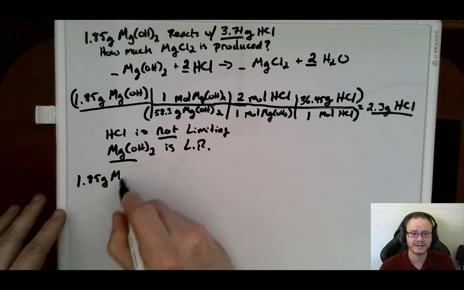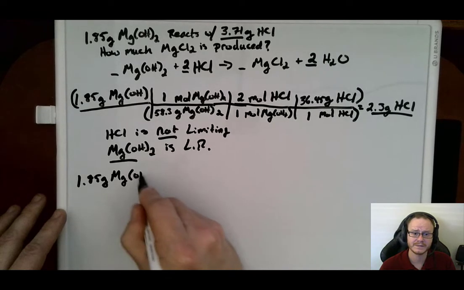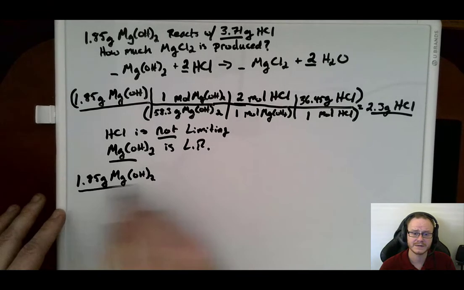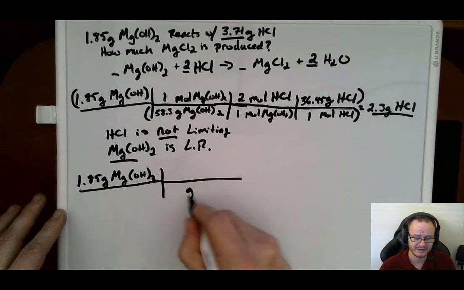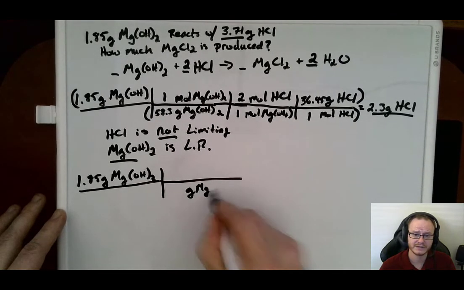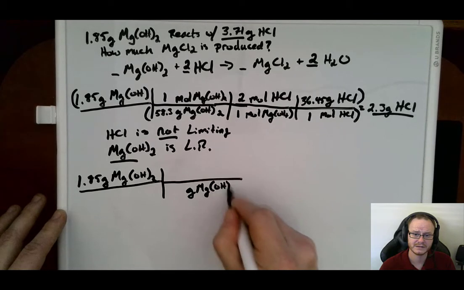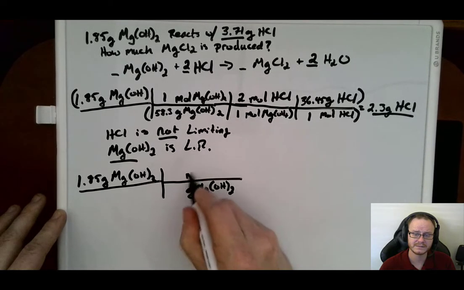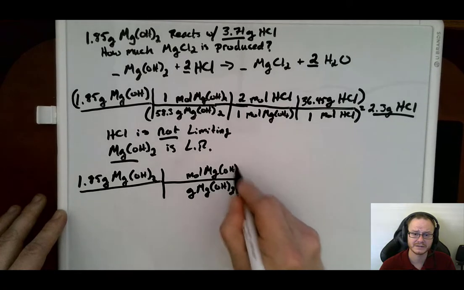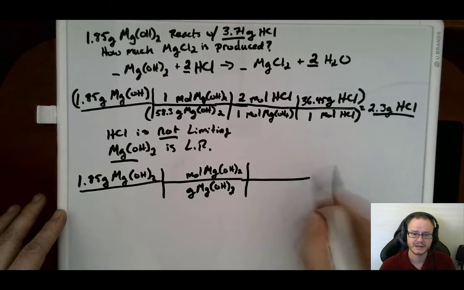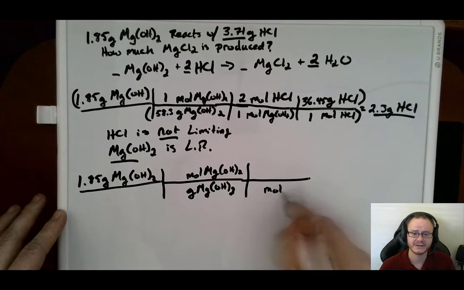I set up my dimensional analysis box again. I'll cancel grams of magnesium hydroxide, and I'll convert it to moles of magnesium hydroxide. I already calculated the molar mass for this.